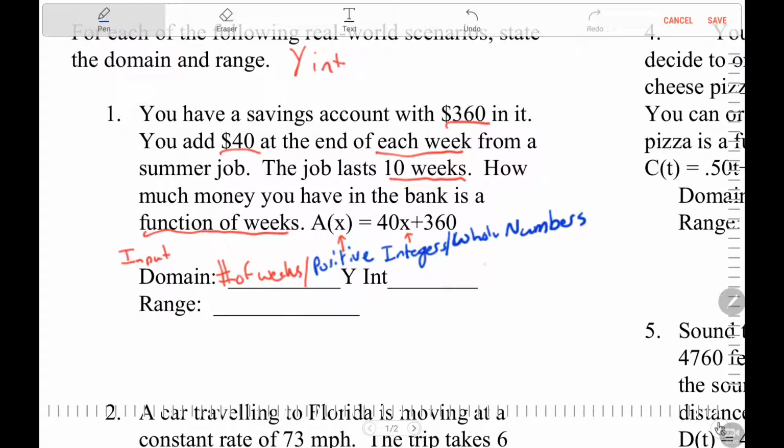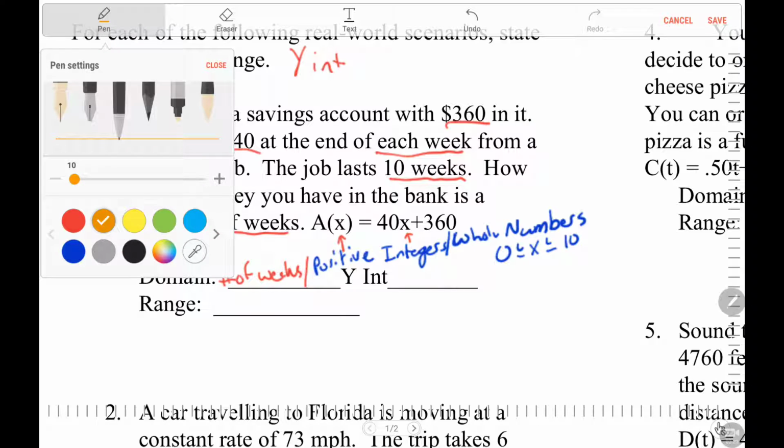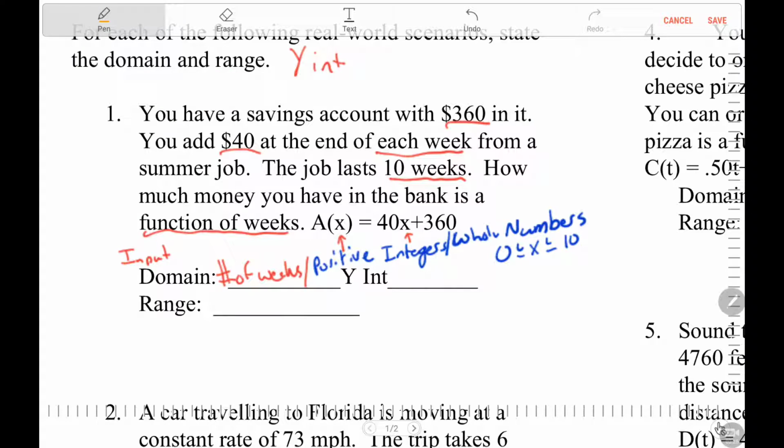In the right notation, we would write 0 less than or equal to x less than or equal to 10, because the least we're going to put in is 0 weeks, and the most is 10 weeks. This moves us into our idea of the y-intercept.